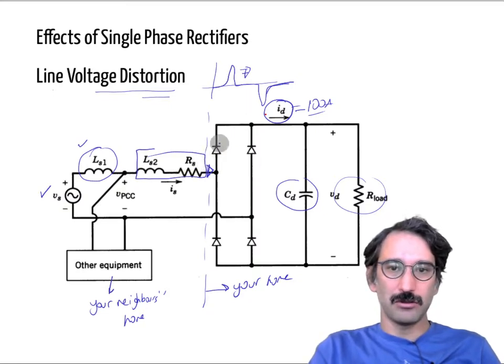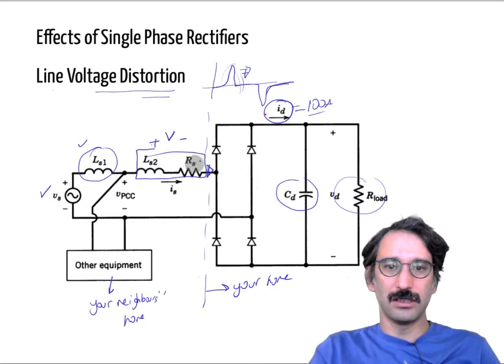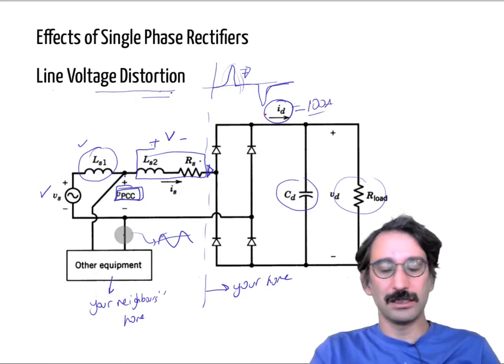Now you are drawing some high frequency components, and due to those there will be large voltage drops here. Because of those voltage drops, the power connected here will see some distorted voltage. So they will not see a sinusoidal voltage, but there will be distortions on their voltage source, and it can affect their power quality and that kind of thing.